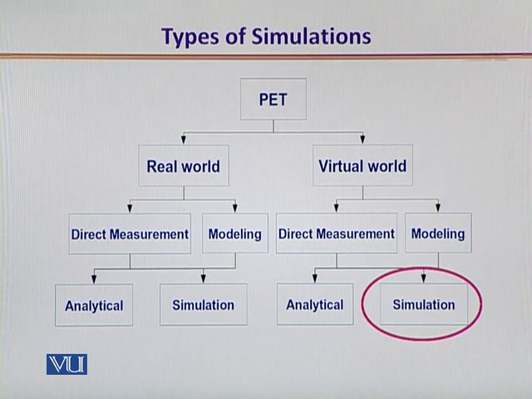The direct measurement gives us results which are either analytical or could be simulated. Now, if you look at the virtual world, which is an approximation of the real world, direct measurements are not possible for the virtual world if we just want to realize it through an analytical model. But direct measurements are possible if we simulate the virtual world.